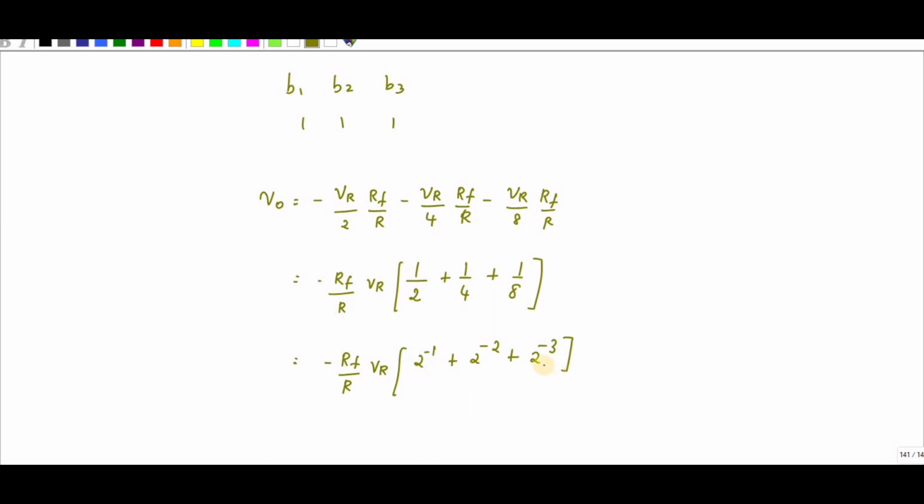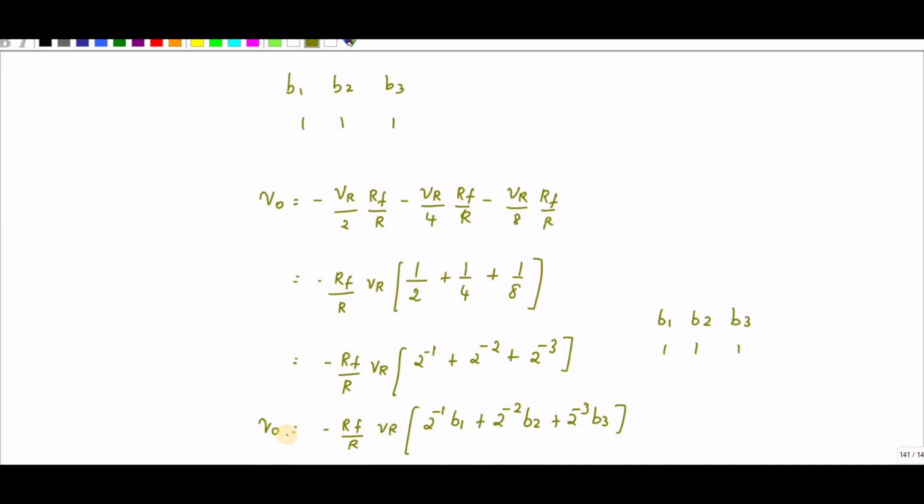Okay. This is the case when B1, B2 and B3 is equal to 111, right? So in order to find the overall equation, I can write this as RF by R times 2 power minus 1 B1 plus 2 power minus 2 B2 plus 2 power minus 3 B3, right? This is your V0.